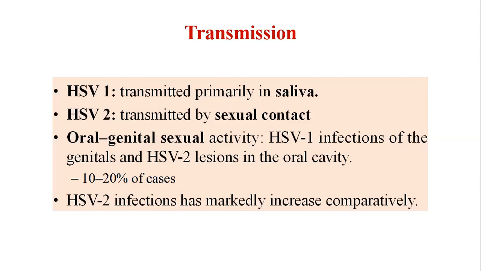So you can find, via oral-genital sexual activity, HSV1 infections of the genital and HSV2 lesions in the oral cavity. Here, 10 to 20% of cases you can observe. Statistics have shown that HSV2 infections have markedly increased comparatively.